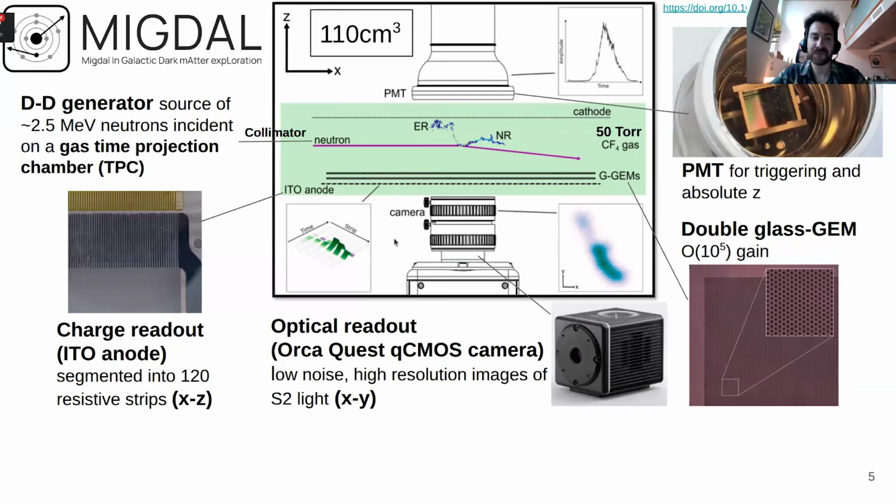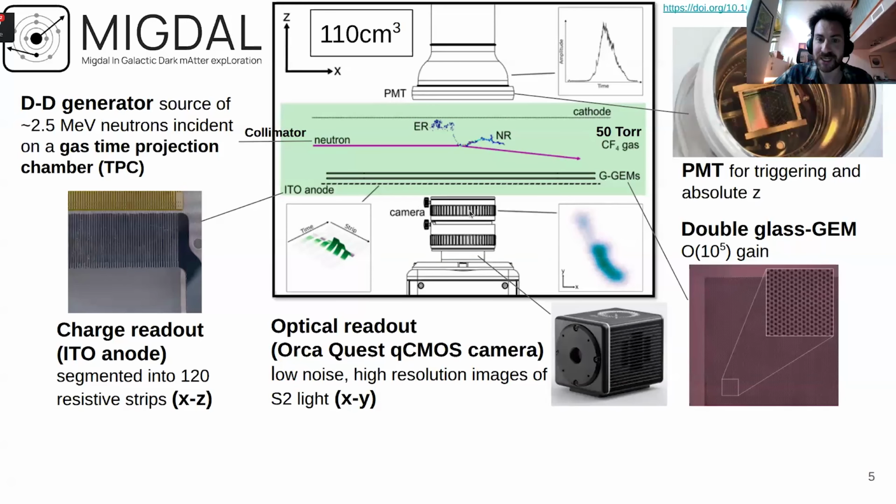The first one, shown on the left here, we call our ITO anode. It's basically just a segmented strip readout where we have 120 strips segmented along the x-axis, and each strip records ionization charge versus time. This ultimately gives you a picture that looks something like this, the XZ projection of your event.